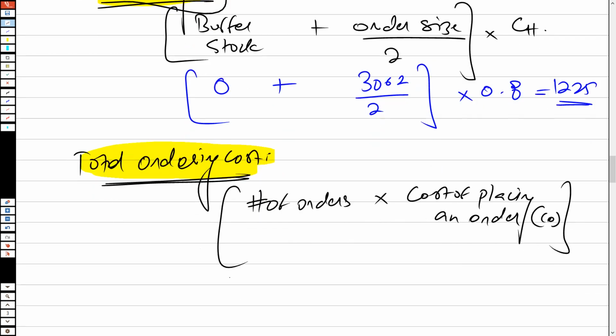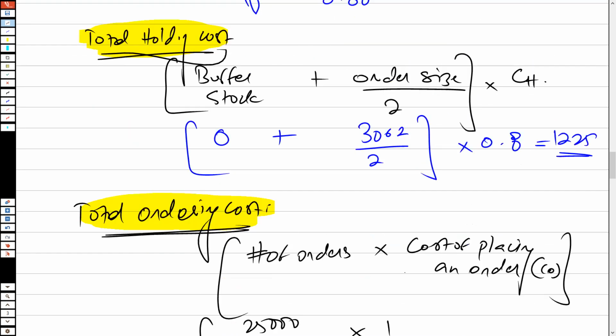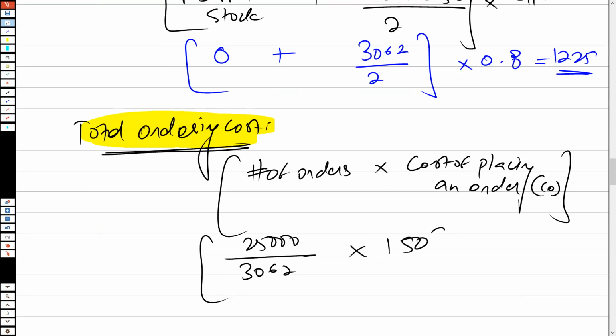The annual demand is 25,000 and 3062 is the order size, so the number of orders is 25,000 divided by 3062, multiplied by the ordering cost of 1.50. So you have 25,000 divided by 3062 multiplied by 1.50, and again you would get 1225.